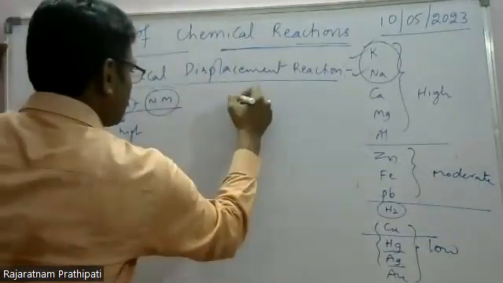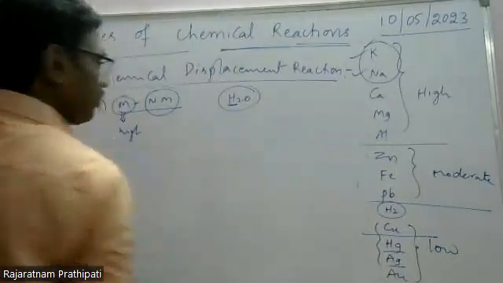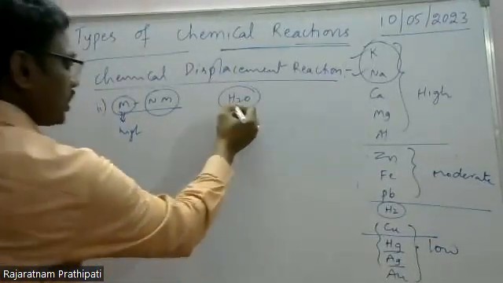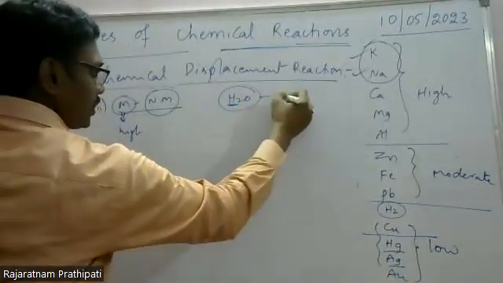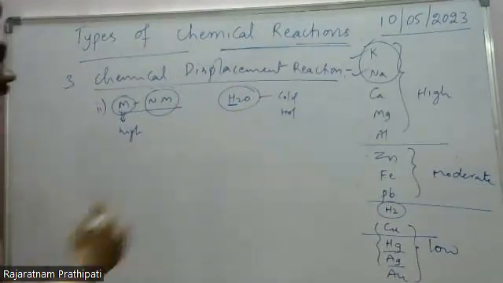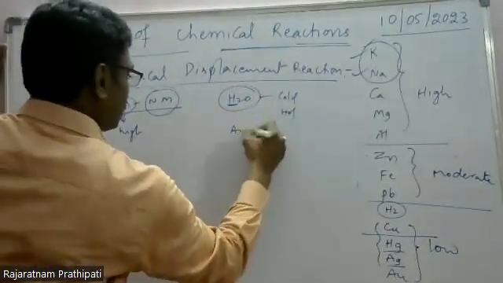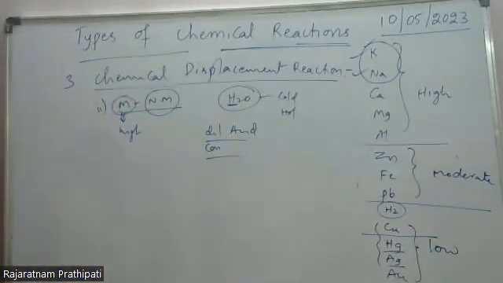Hydrogen is displaced by the metal from water, whether it is cold water or hot water. Hot water means steam. And from acids, whether dilute acids or concentrated acids.